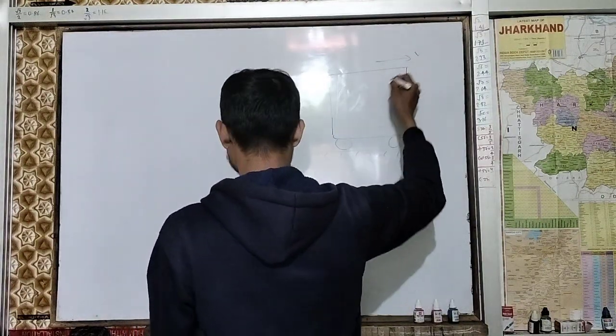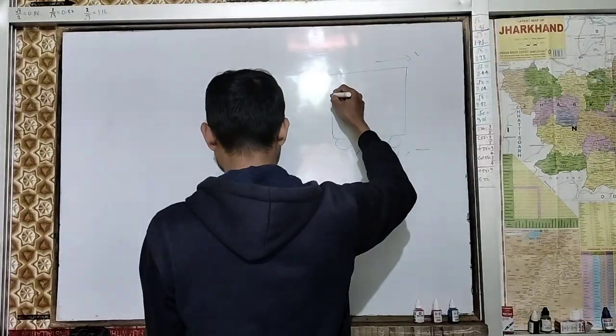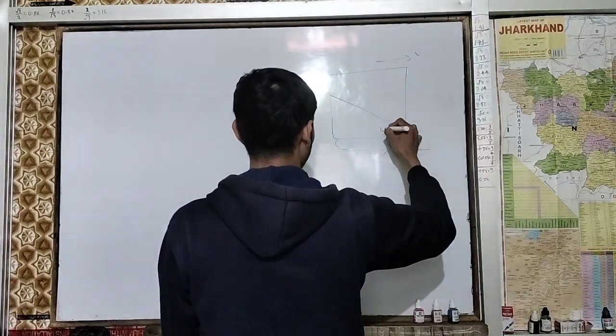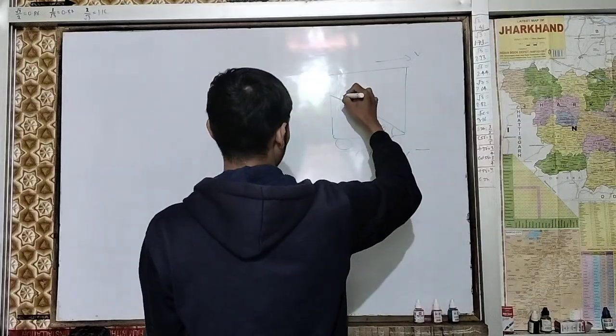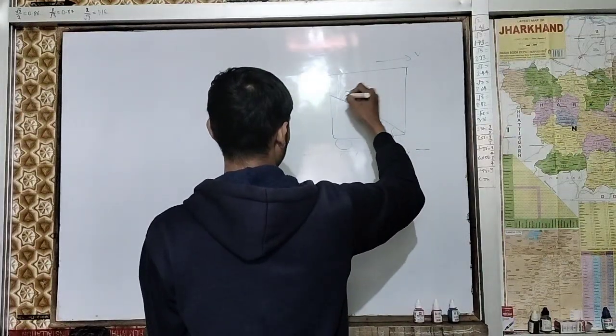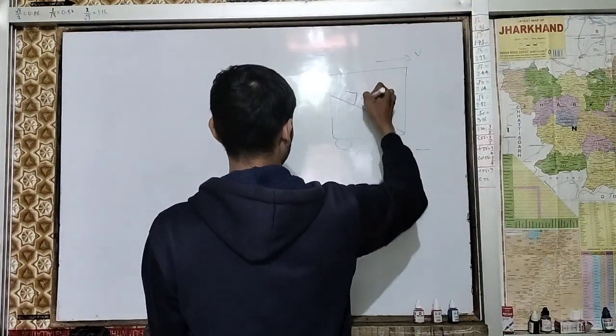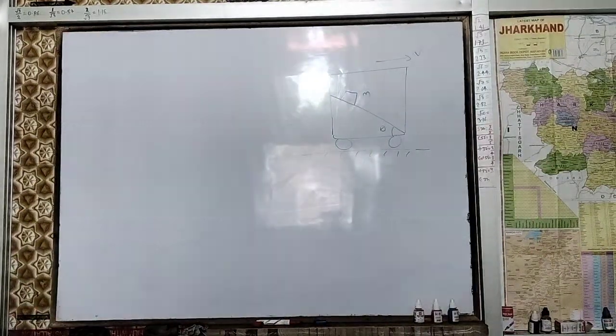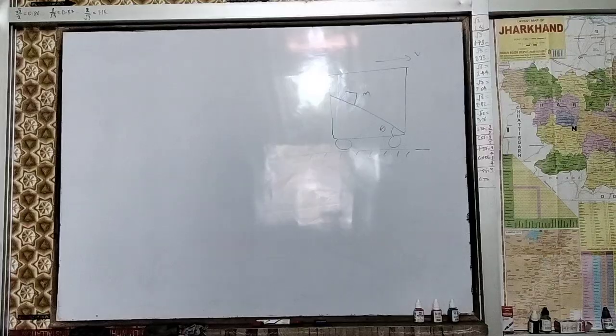Velocity is in this direction. And this is a wedge. By making angle theta, there is a mass on this wedge. This is our complete question. First of all, let me read it so that you can get clarity.